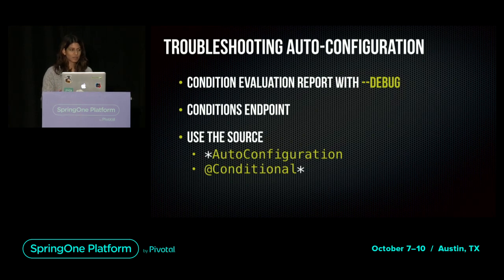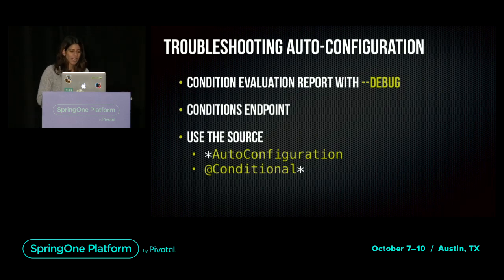What were the positive matches? What were the negative matches? And you can really see what happened when you added the configuration that you just added to the application. If you use Spring Boot actuators, you can get that also with the conditions endpoint. You can hit the actuator conditions endpoint and see what conditions in the application matched, why certain things made it and why certain things backed off.